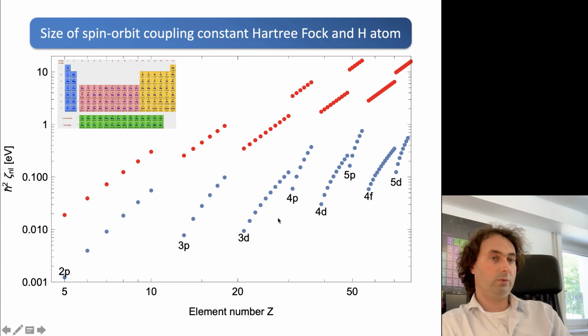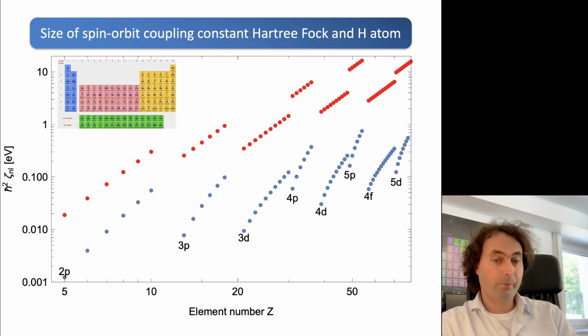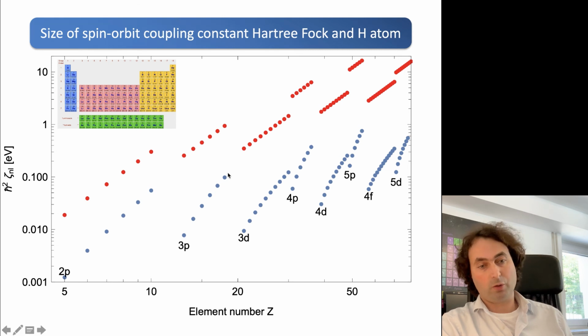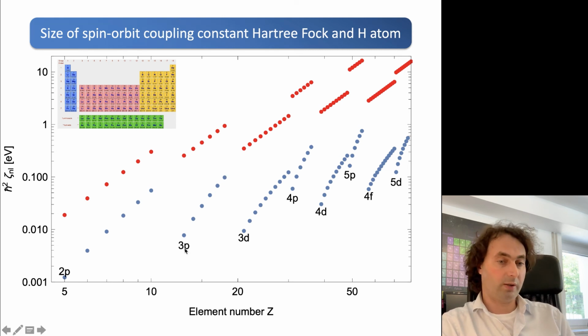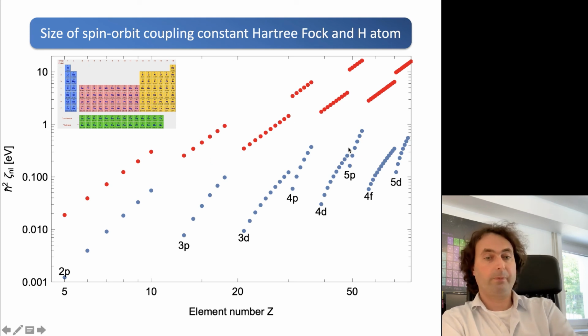That has to do with the additional charge of the electrons that screen your local charge. And that screening is smaller for the beginning of a subshell than it is for the end of the subshell. So the effect inside the subshell actually scales stronger than Z to the power 4. But what it does get right is these different jumps.